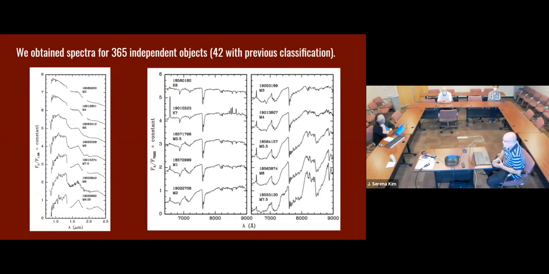And then starting in 2017, I have been taking spectra of everything in this region. So for 365 independent objects, including 42 of the previously known members that had previous spectral classifications, I had infrared and optical data, both for a few stars, but the majority just in one or the other.